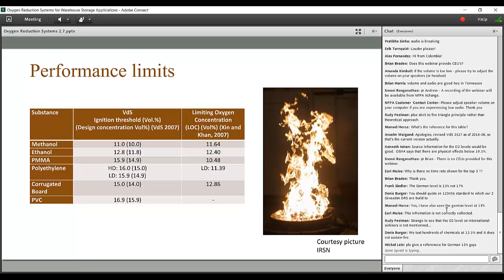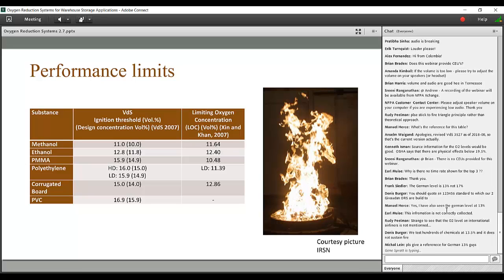We used the VDS standard, which was available at the moment of the study, and you see here different ignition thresholds according to that standard, which was maybe one of the first issued standards. You see that it goes from 11–12% for two of the alcohols to levels of 15–16% for a number of materials like PMMA, polyethylene, corrugated board, and PVC.